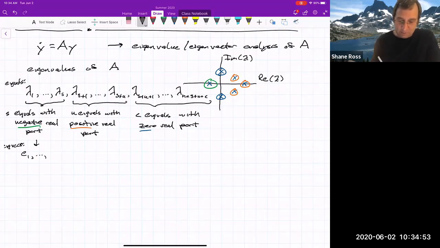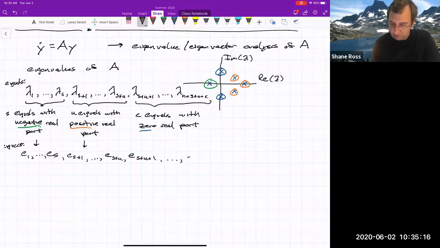I'll go through an example. So the corresponding eigenvectors for the s eigenvalues, e1 through es, and then es plus 1 through es plus u, so there's u of these, and then es plus u plus 1 all the way to en.